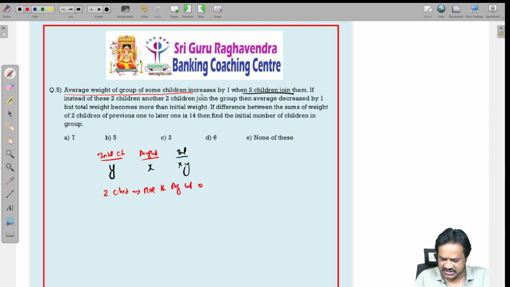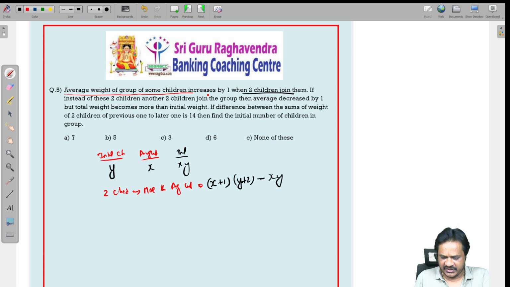Now, the average weight is increasing by 1. So, what is the average weight? x. Increasing by 1 means x plus 1. The number of children joined will be 2, so children y becomes y plus 2. How much it is increasing means we should subtract the original weight, xy. So the two children who are joining have weight x plus 1 of y plus 2 minus xy.